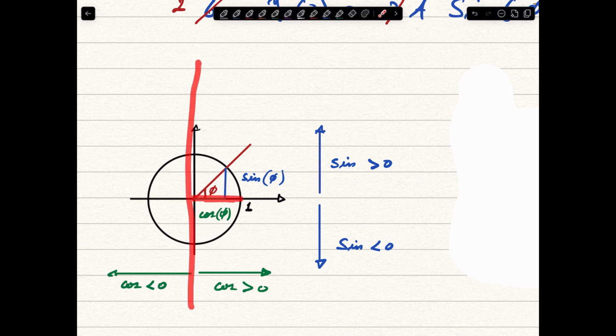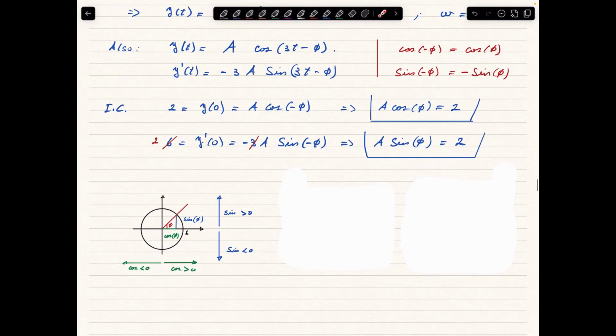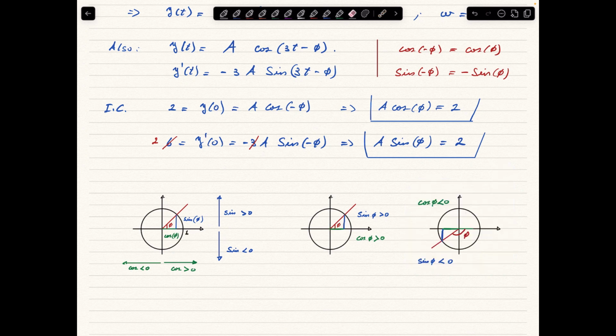Cosines on this side are positive, cosines on that side are negative. For example, then, sine and cosine positive would be this case, sine positive, cosine positive, and cosine negative should be something like that, and a sine negative should be something like that.